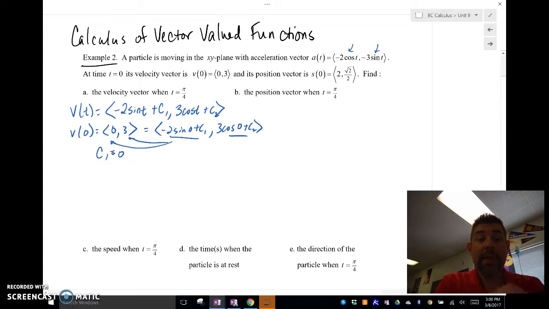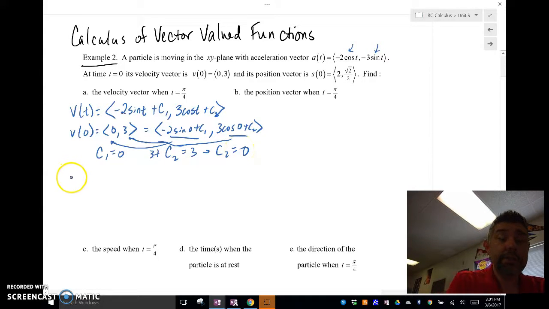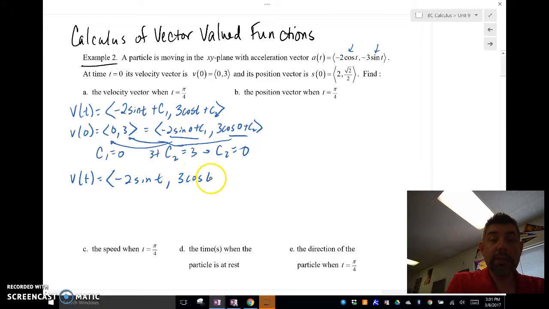And then cosine of 0 is 1, and 1 times 3 is 3, so 3 plus c2 equals 3, which gives me c2 equal to 0 also. So c1 and c2 are 0. So v of t is going to be -2 sine t and 3 cosine t.